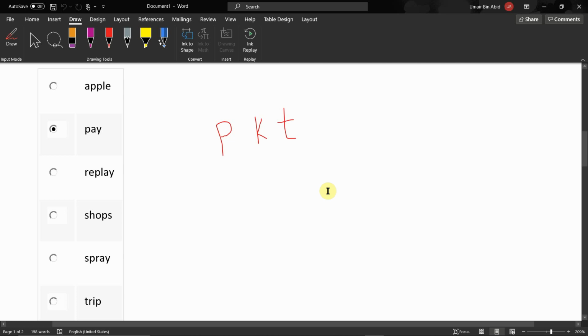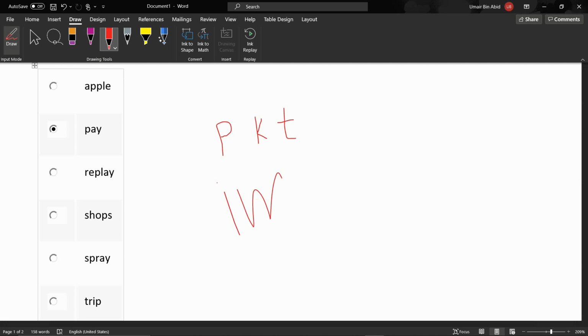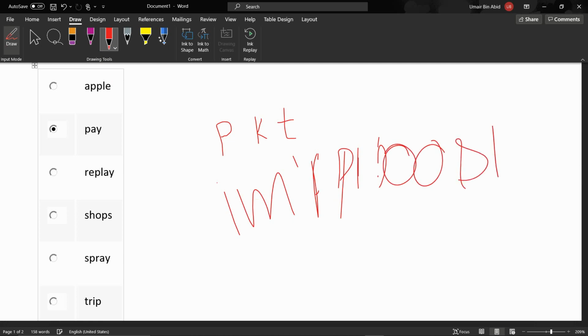Why am I saying at the beginning of a syllable? For example, if we have a word like impossible, all right, impossible. Sorry, I am unable to write it very clearly. In the word impossible, there are three syllables because there are three vowel sounds.